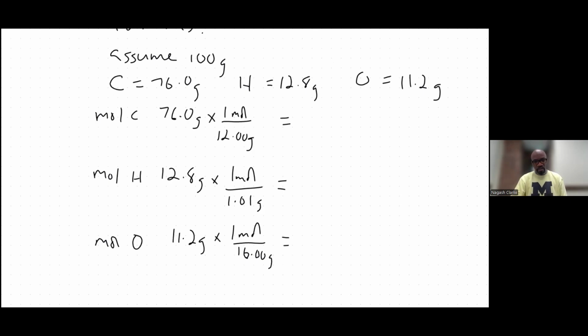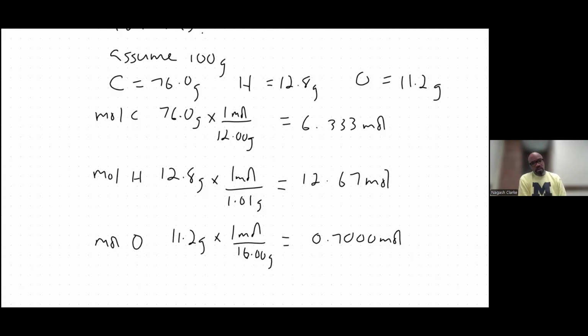I always like to keep at least 4 sig figs for my moles. The reason is that we don't want to start rounding too early, because you can end up with some wonky answers. We always want to keep as many sig figs as possible.